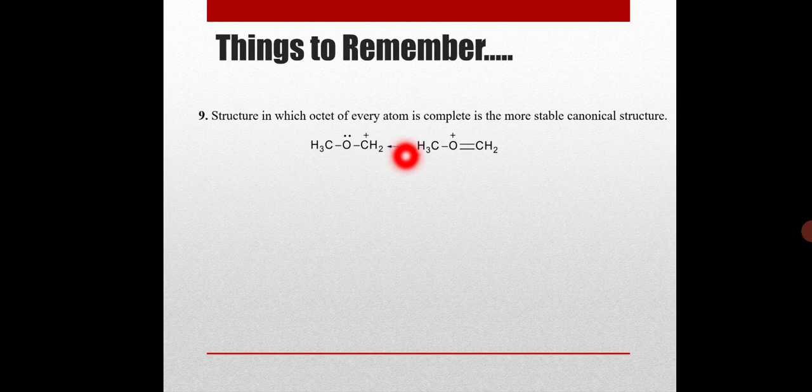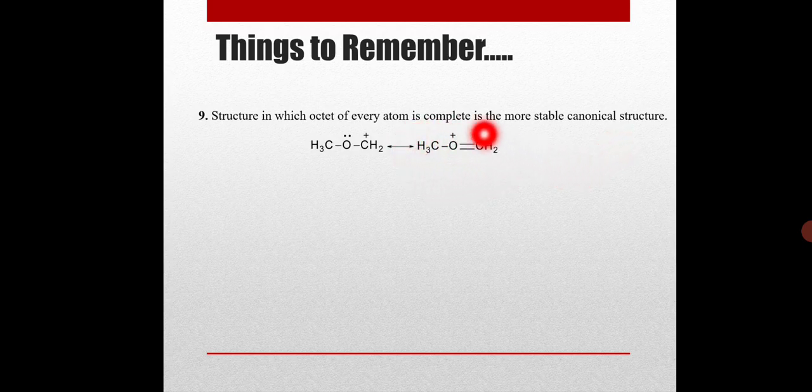Whereas in this resonance structure, the octet is complete for all the atoms forming the bond, and therefore this canonical structure will be more stable in spite of oxygen having a positive charge on it. So the structure in which the octet of every atom is complete is the more stable canonical structure.